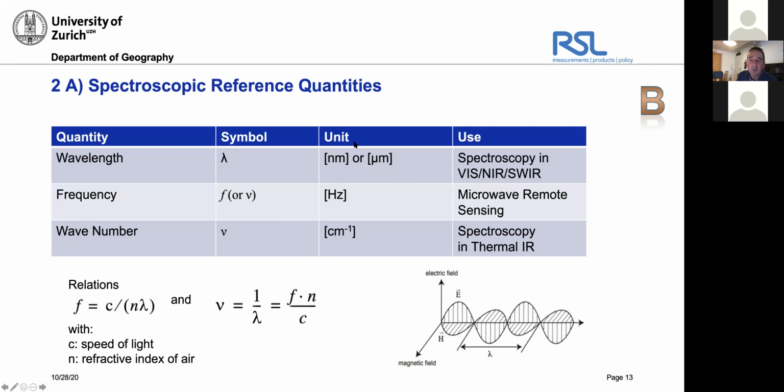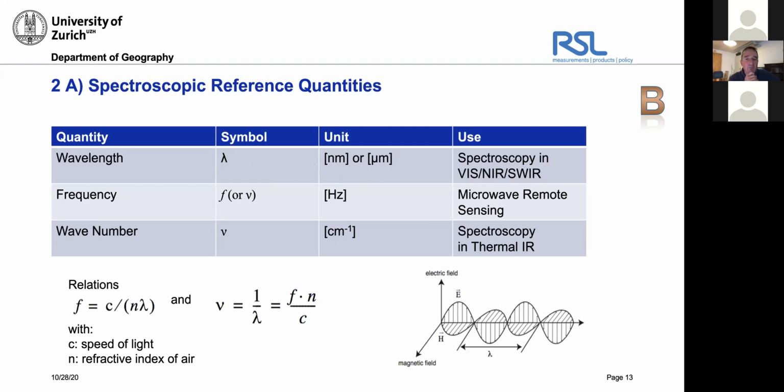In spectroscopy, we use nanometers mainly, whereas in multispectral remote sensing, one rather uses the micrometer. Lambda is used as a symbol. The wavelength range, as I said, is from the UV to the shortwave infrared.